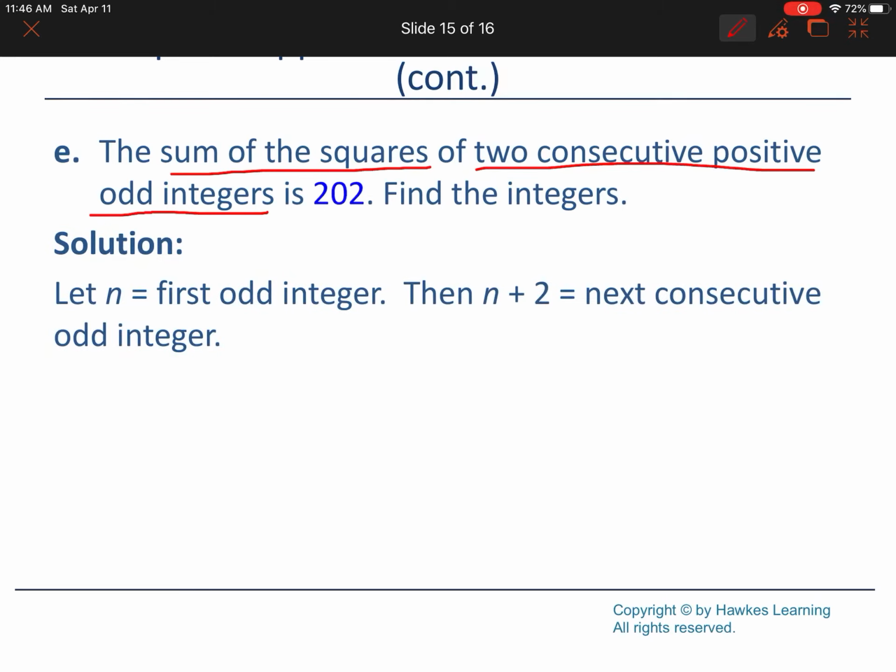So if we let n be the first one, n plus 2 would be the next one. All right, so this is going to be just like the other one. So pause this video and see if you can set up using these two variables for the two numbers, set up the sum of the squares equals 202.